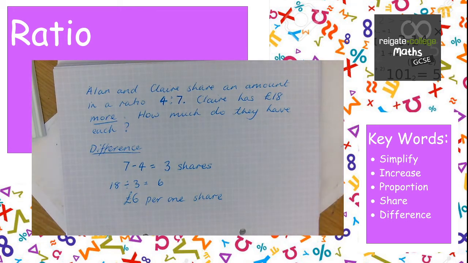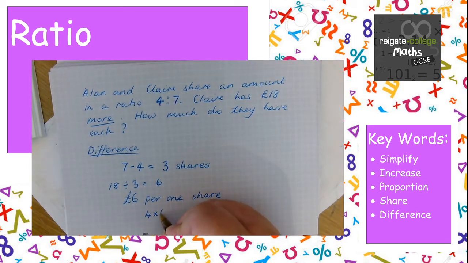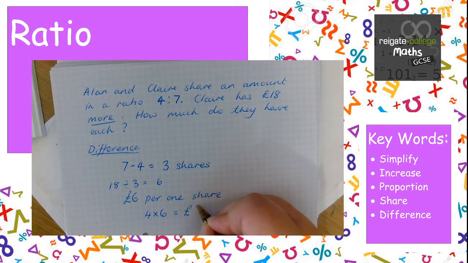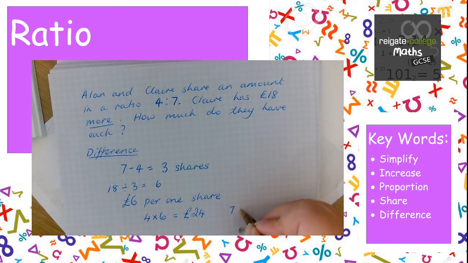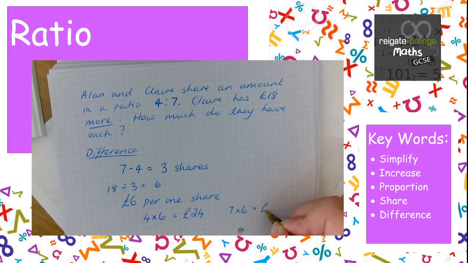To find their total amounts now, I'm going to multiply Alan's 4 shares by £6, which means Alan is getting a total of £24, and Claire's 7 shares by £6 means Claire is getting a total of £42.